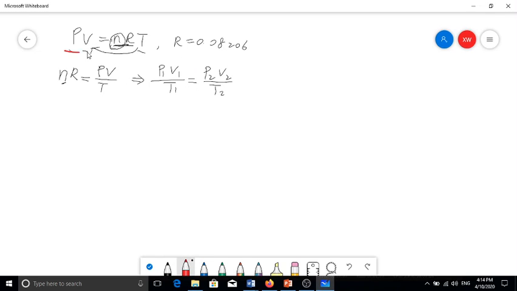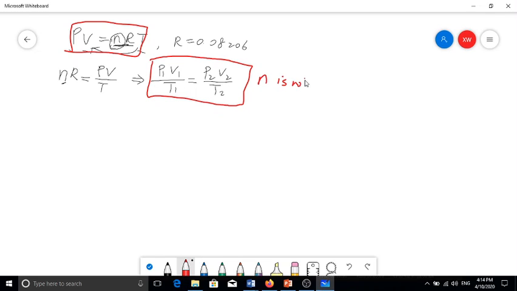The original formula is still here. This formula doesn't look like the original one, but it's really derived from the original under the condition that n is not changing, with changing conditions only.